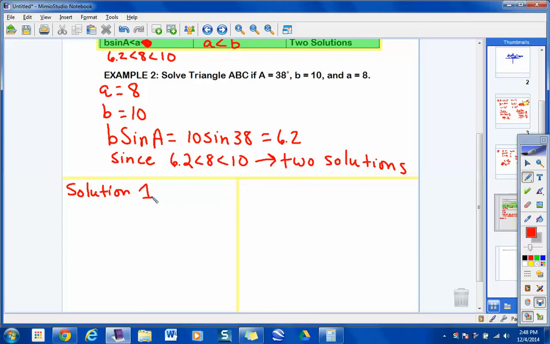Put my angles here: angle A, angle B, angle C, little a, little b, little c. Tell me what we already know. Little b is 10. Side A.